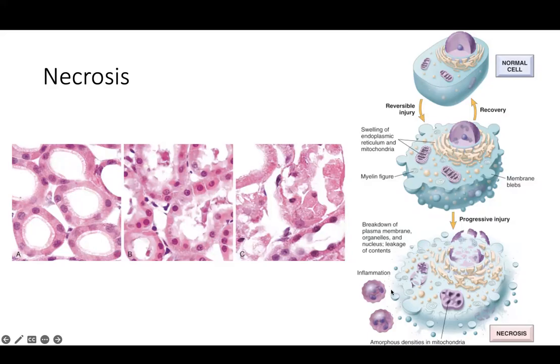All of these components are going to be sensed by our immune cells, and it's going to lead to an intense inflammatory reaction. And so this would be necrosis. This is what we're seeing in part C, this third image. These are necrotic renal tubules. Necrotic is the term that we would use for cells or tissues that are undergoing necrosis. It looks necrotic. It's necrotic tissue.